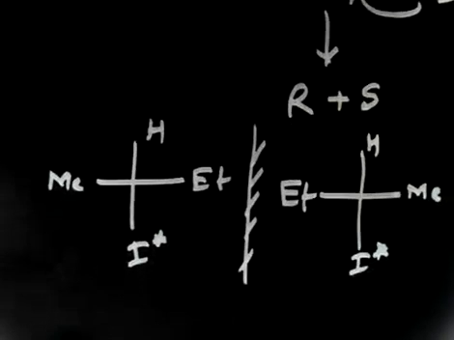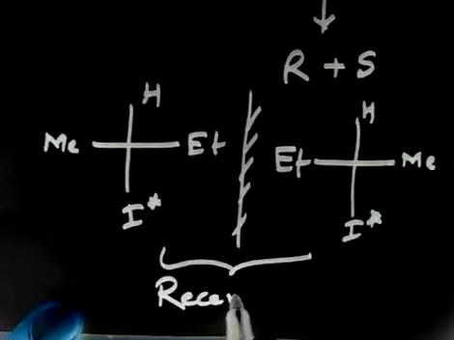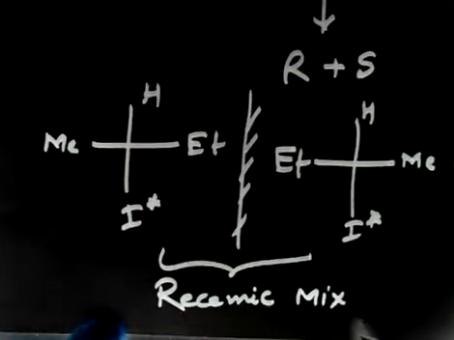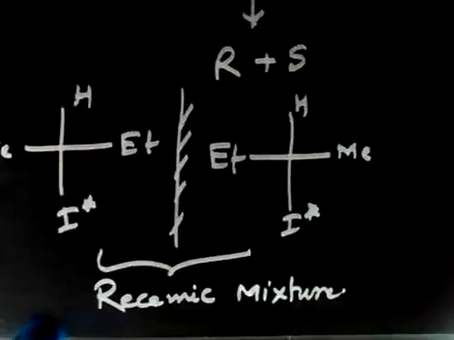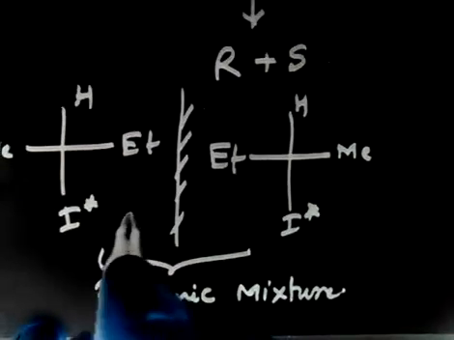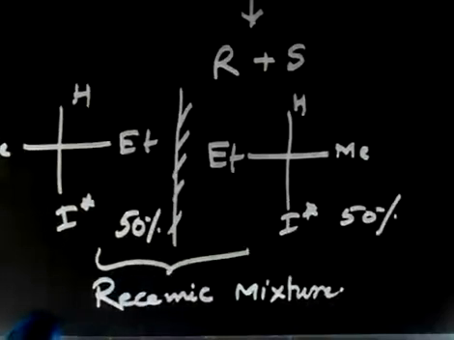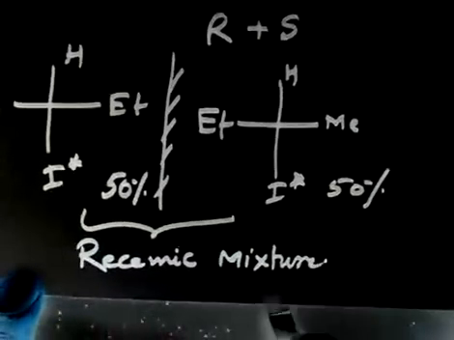So I will get a racemic mixture, and this racemic mixture will make the solution optically inactive, because you will have 50% R and 50% S. So the solution will be optically inactive, no optical rotation.